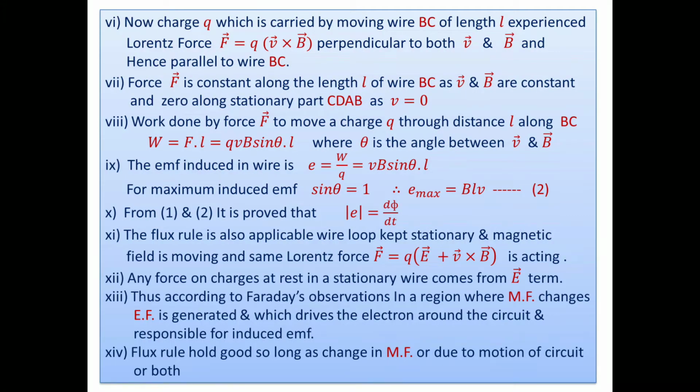Then a force F of constant magnitude acts along the length L. Why is force F constant? Because the magnitude of the charge is constant, the velocity of the wire BC is constant, and the magnetic field is constant. So constant force is exerted on the length, and thereafter zero along the stationary parts.